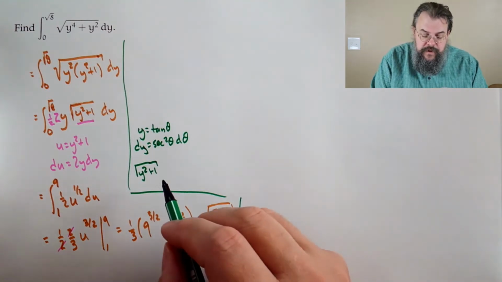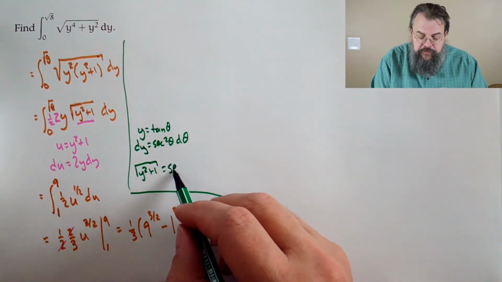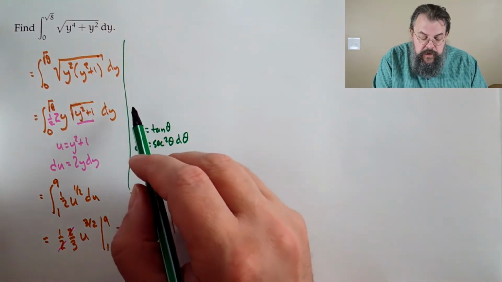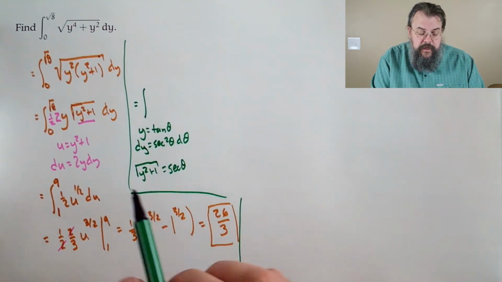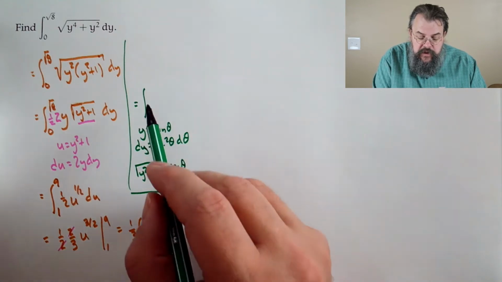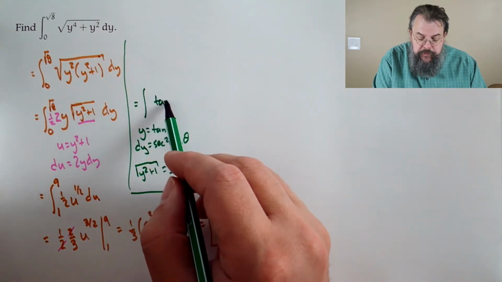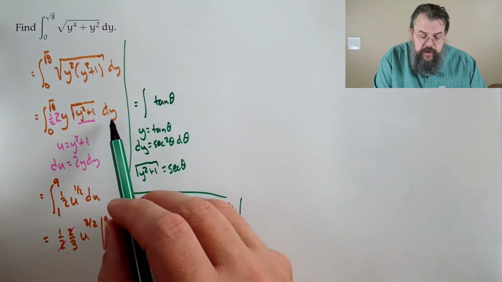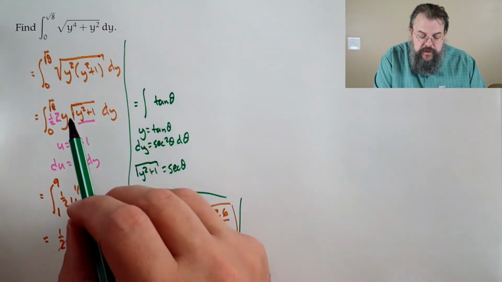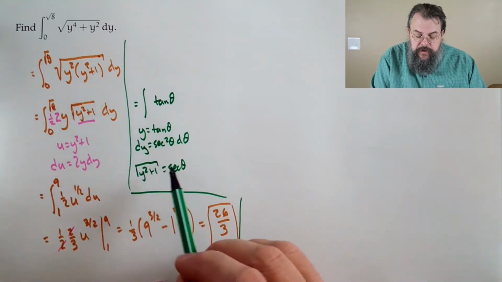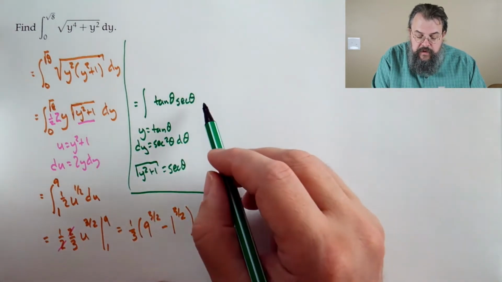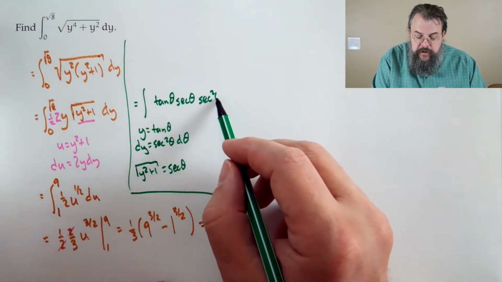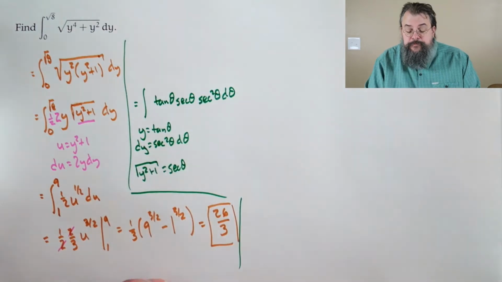When we take the square root, we get secant. All right, so what does this integral become? Well, y is tangent theta. The dy, well, actually, sorry, I skipped. The square root of y squared plus 1 is secant theta. The dy is secant squared theta d theta.